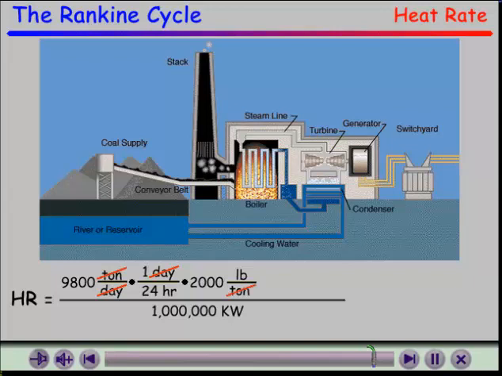The coal has a heating value of 11,500 BTUs per pound. The heat rate is equal to the heat consumption divided by the power output. For this example, the heat rate is 9,391.7 BTUs per kilowatt hour.